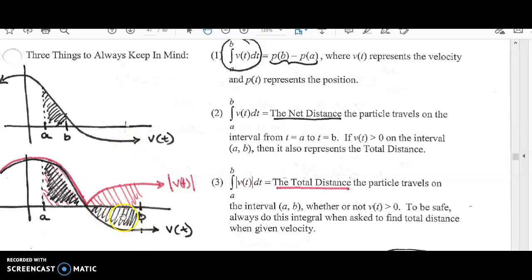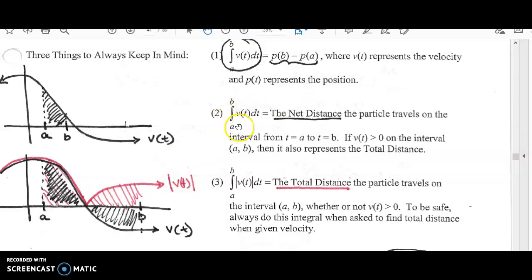So if velocity is below the x-axis, that means we're moving to the left on our position. And what that will do is take away from the total distance traveled. In other words, if I'm below the x-axis, it'll cancel out some of the area that's above the x-axis.